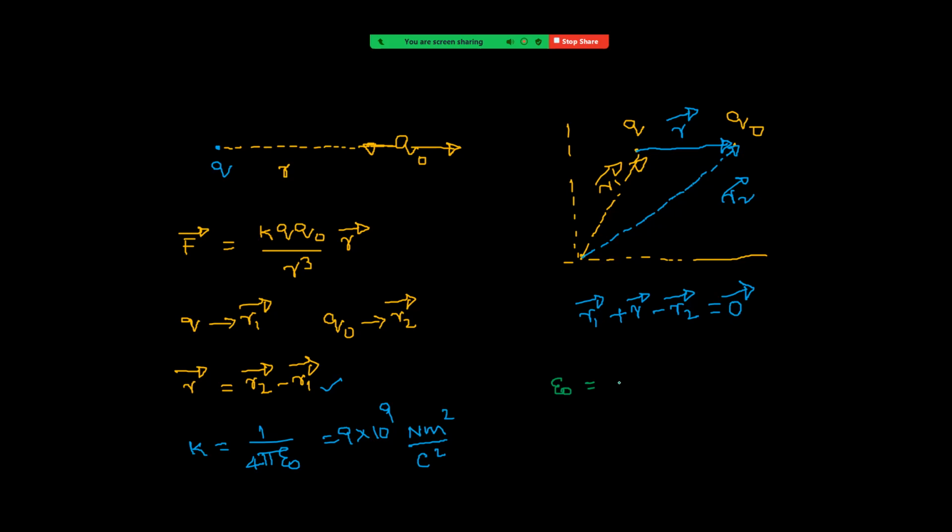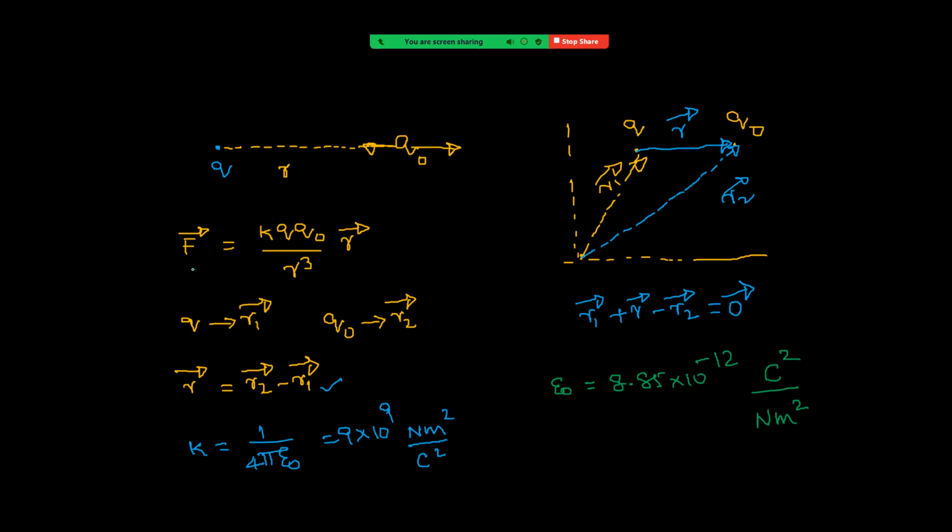Its value is 8.85 into 10 power minus 12. And you can see the units from this one, epsilon naught. Units are Coulomb square per Newton meter square. Okay, right?